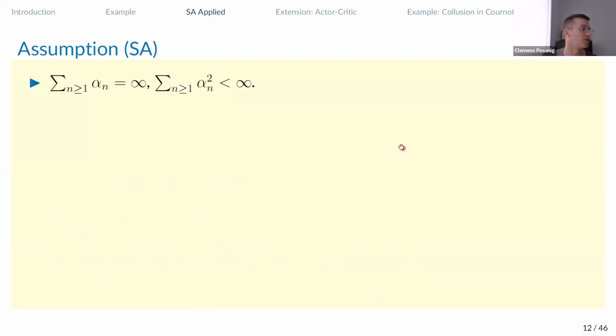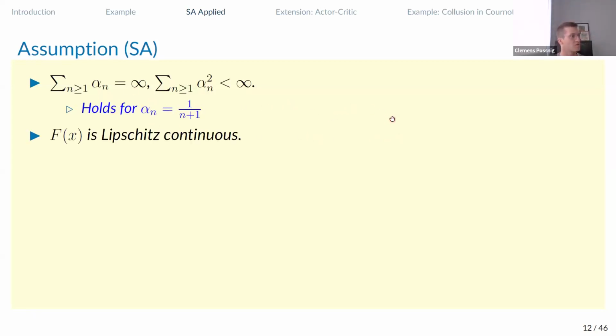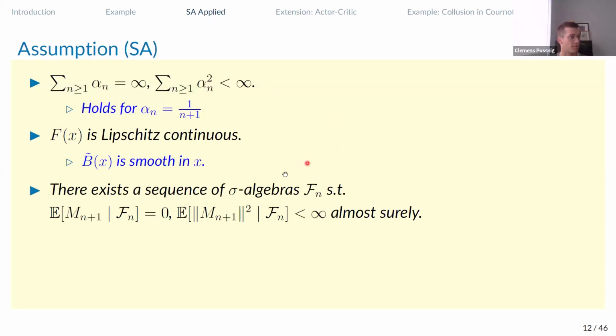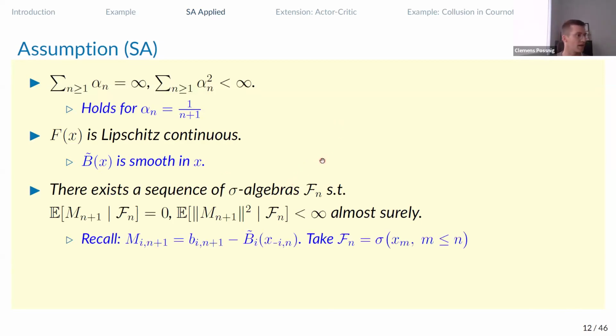Yes. So here, this is just taking these assumptions to our example. This assumption immediately holds because our step size is just 1 over n by construction. Fx is Lipschitz. Our b tilde function is smooth in x, so no problem there. We need to find a sigma algebra for which this holds for our error terms. And in our case, remember that these error terms are just the difference between realized action and expected action.